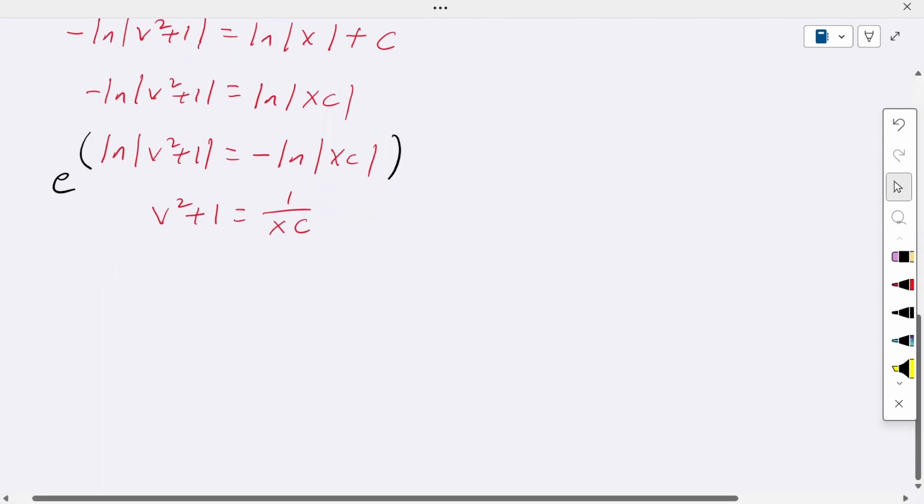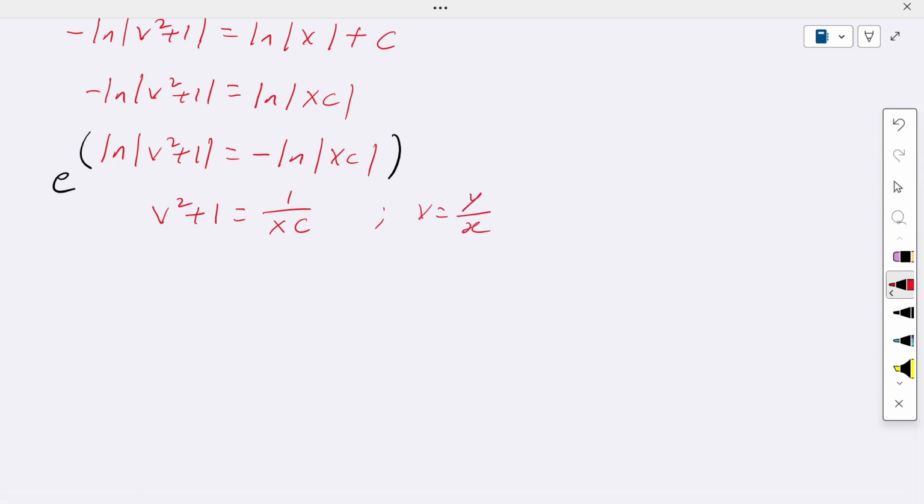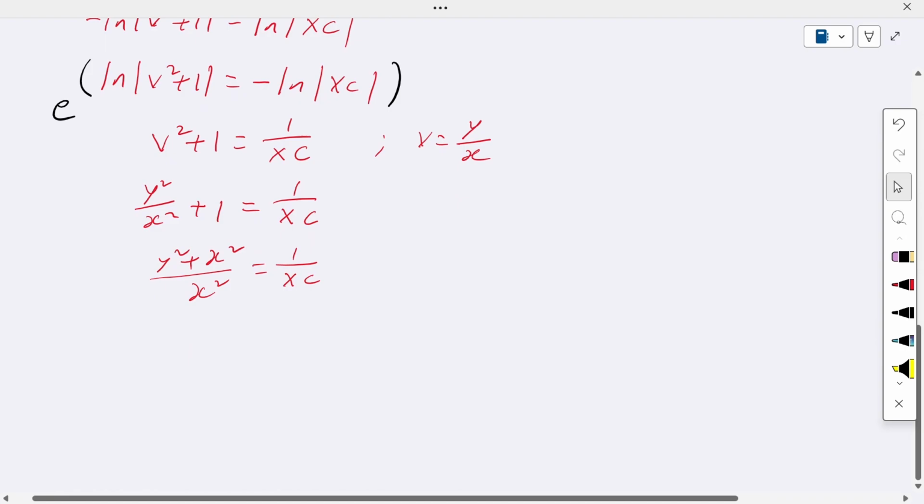Now we substitute back. Remember, we assumed that v is equal to y divided by x. So we substitute for v: y squared divided by x squared plus 1 is equal to 1 over xc. Now we can combine with a common denominator: y squared plus x squared over x squared is equal to 1 over xc.